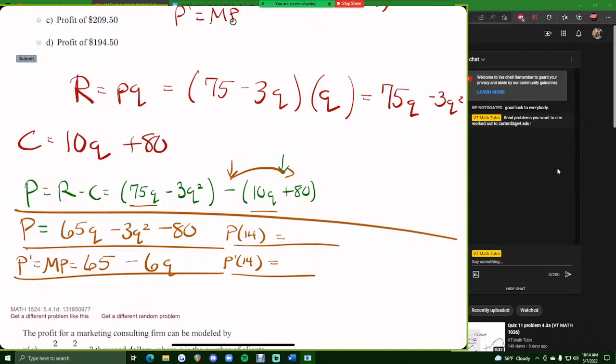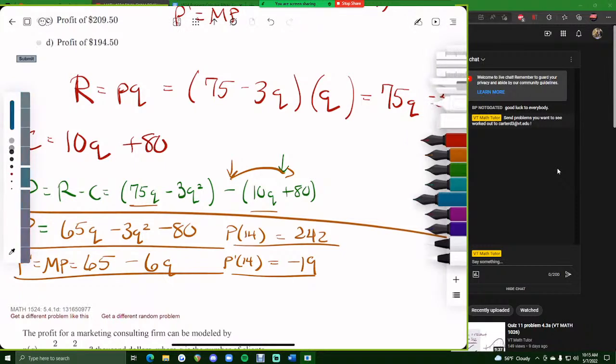I'll just use my phone for this. It'll be a little faster. 65 times 14 minus 3 times 14 squared minus 80. When I did that, I got 242. And then for marginal profit, 65 minus 6 times 14 gives us negative 19.